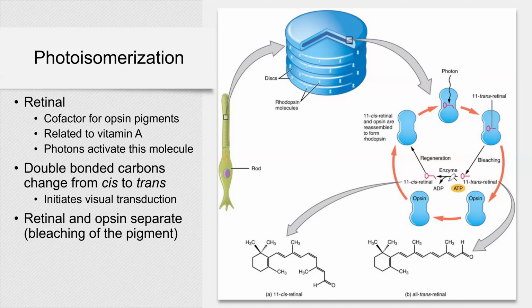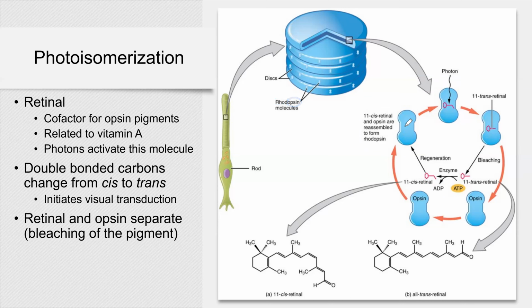Then they reunite again, but you need energy. You need ATP to do it. So ATP energy is used to transform trans back into cis form, and cis retinol and opsin reassemble to form rhodopsin. Now, in the darkness, when you do not see stuff, you have your rhodopsin, and rhodopsin means it's a retinol and opsin together.